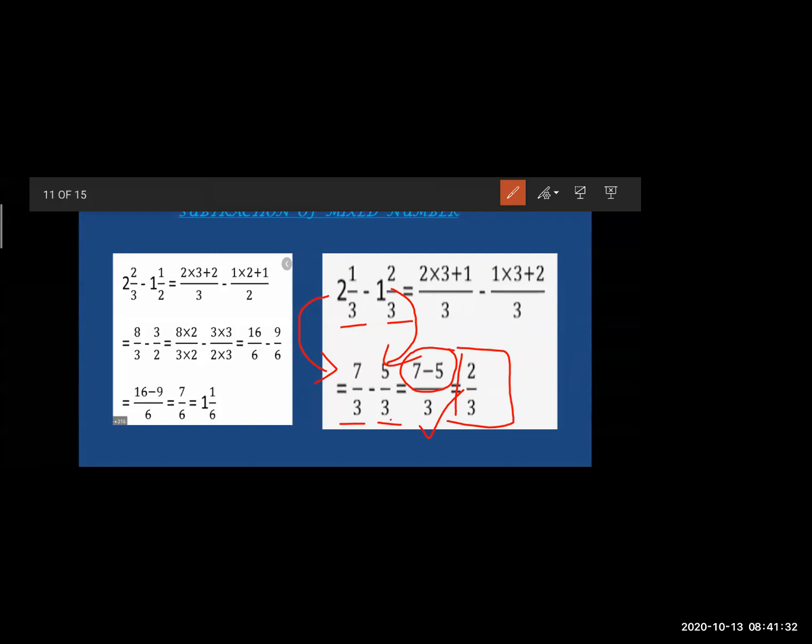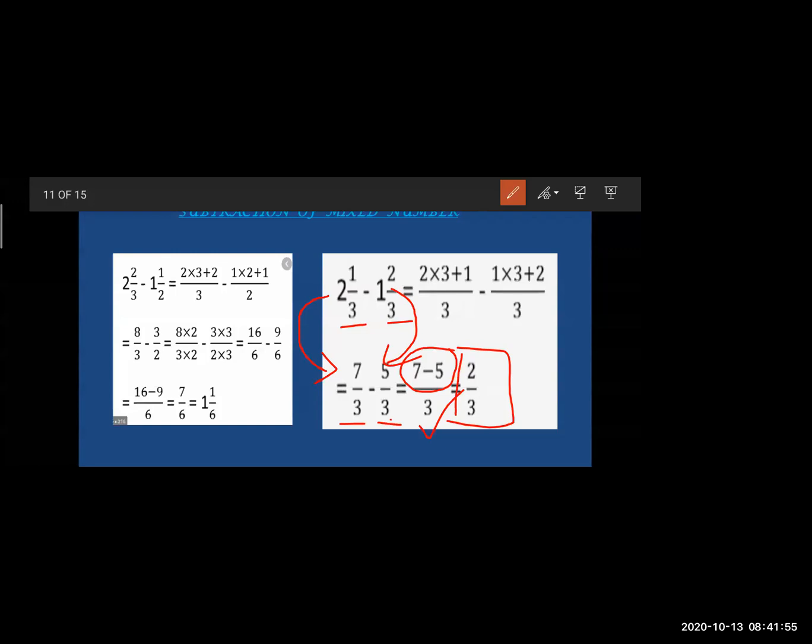So these were the sums for subtraction. Addition and subtraction, both processes are the same. Just you have to see the sign. When it is addition, you add the numerators, and when it is subtraction, you just subtract the numerators.